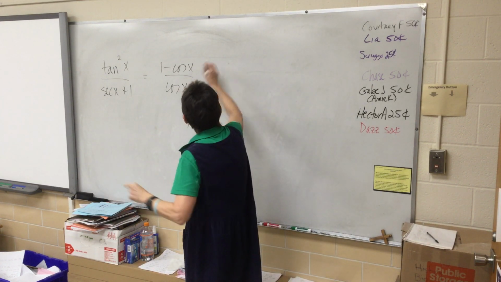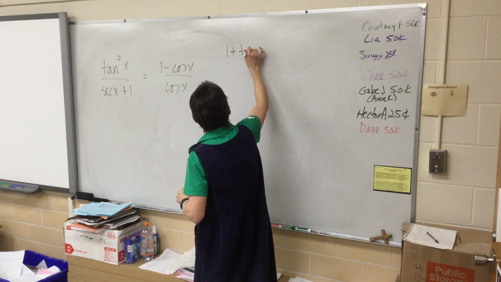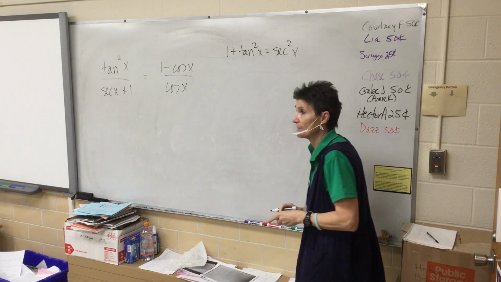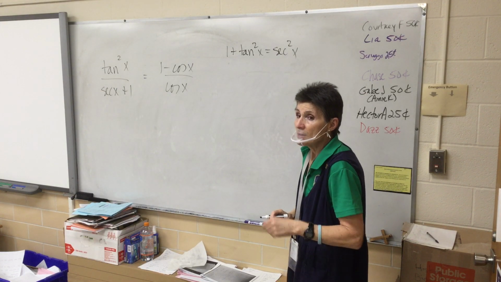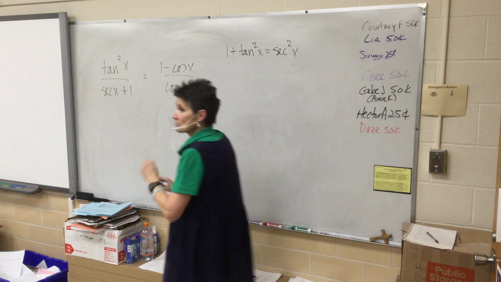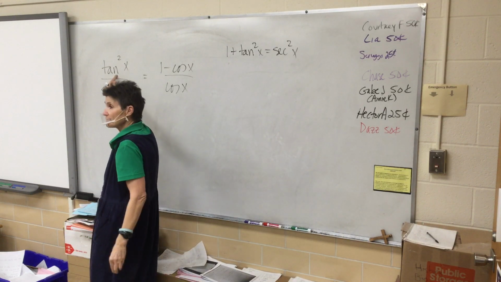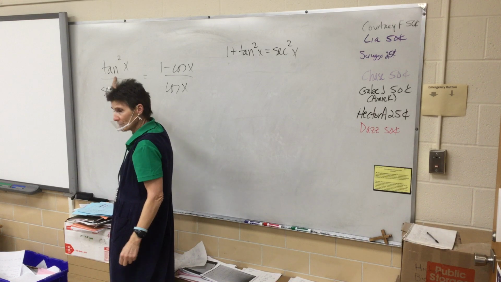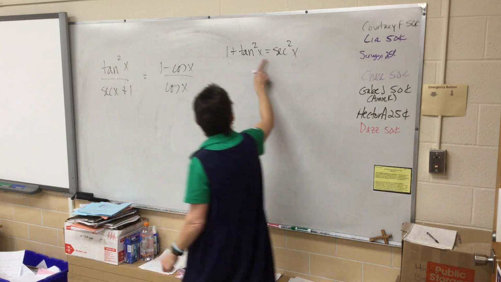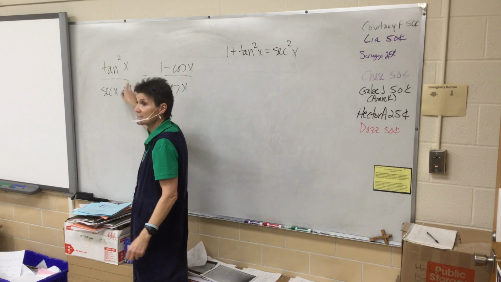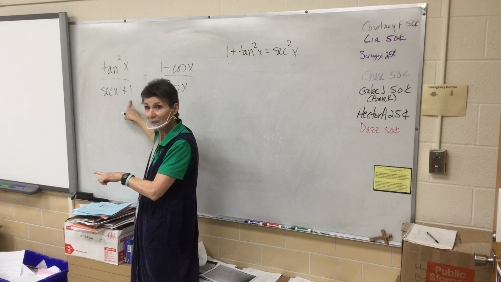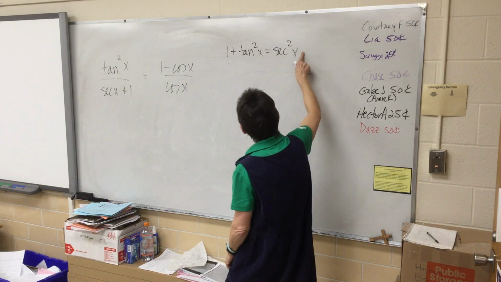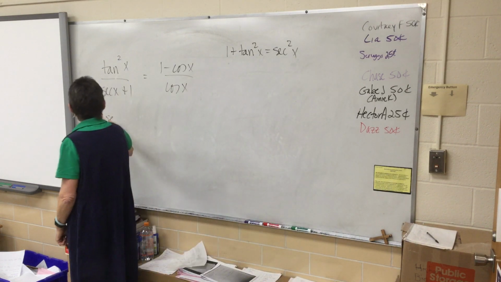He says, look, I have a formula on my sheet, an identity, that says 1 plus tangent squared is secant squared. My teacher just told me that every time I have a squared function, I can rewrite it if I want to. I want to rewrite this because when I rewrite it, it's going to be more secants, so it's going to match the denominator, right? So like he said, tangent squared by itself would be secant squared minus 1.